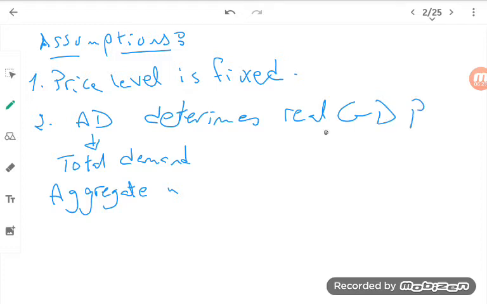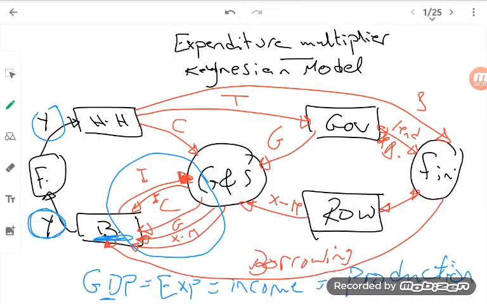As we said before, real GDP is calculated as nominal GDP divided by the GDP deflator. As the price level is fixed, nominal GDP will be equivalent to real GDP. So the previous figure shows that real GDP equals aggregate expenditure equals aggregate income equals aggregate production.